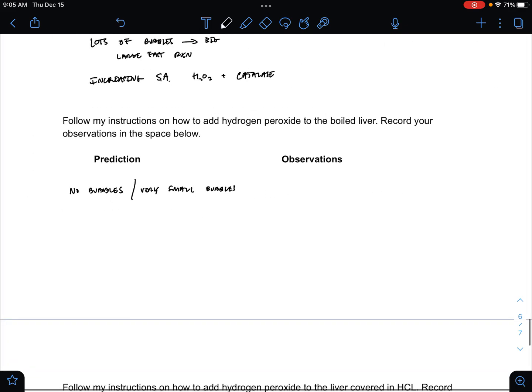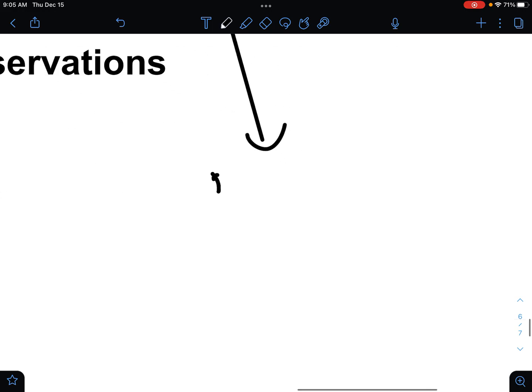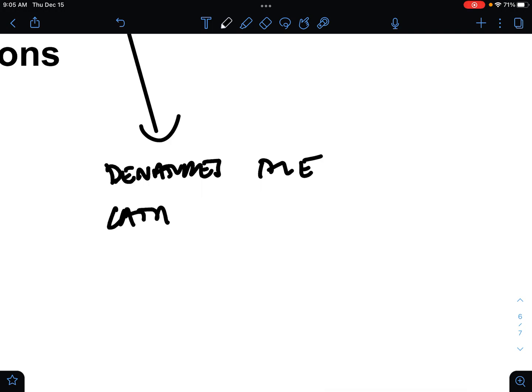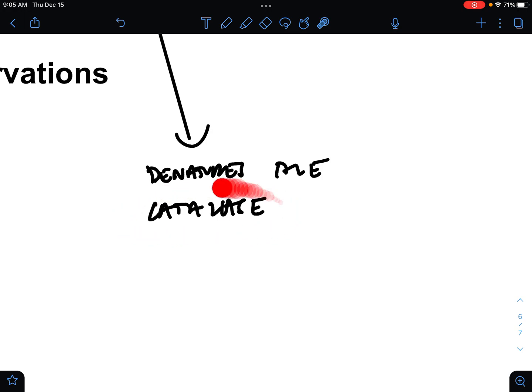Hopefully you all understand after watching your screencast from last night that boiling the liver denatures the protein. And so we've taken catalase, which is this very complicated three-dimensional structure, and we've broken all of those hydrogen bonds that are holding it together.